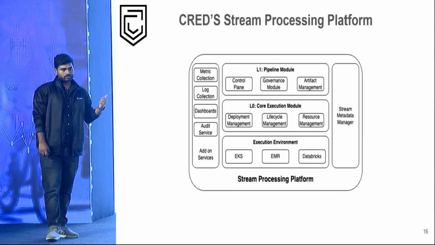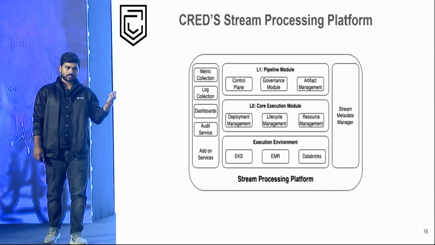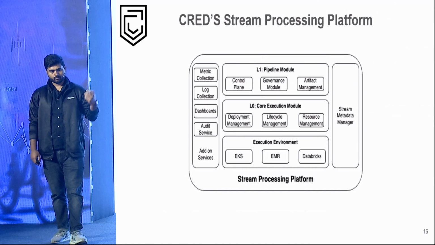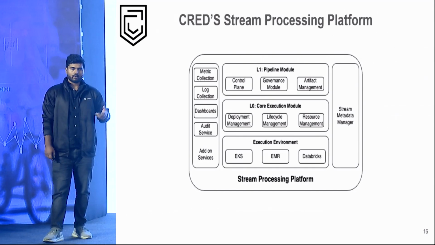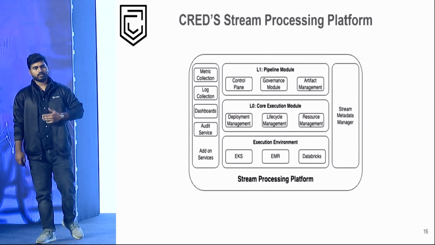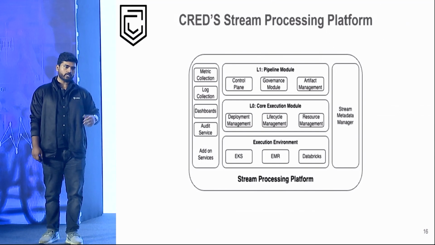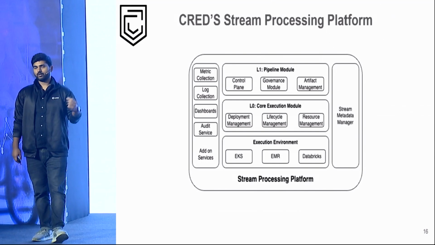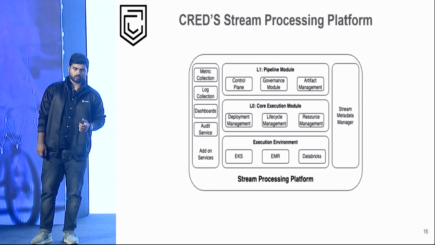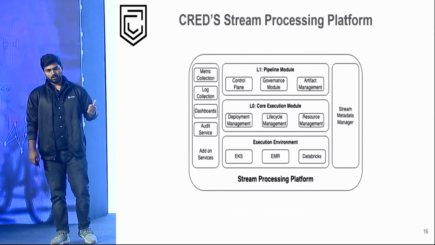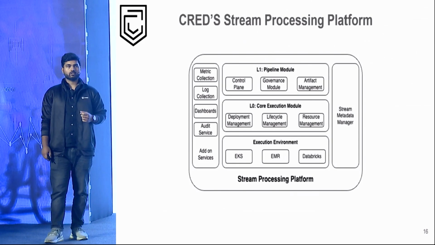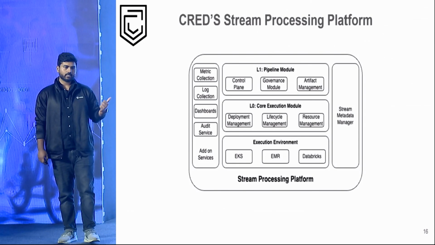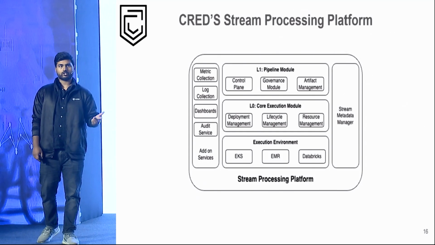In a nutshell, the stream processing platform at CRED looks like this. It's built of 5 layers. Starting from the lowest one is the execution environment, where the workload runs. Right now we are on EMR, we plan to shift to EKS, but we have an option to run on Databricks streaming also. There is this core execution module which maintains the deployment of the pipelines, lifecycle management, and resource allocations.